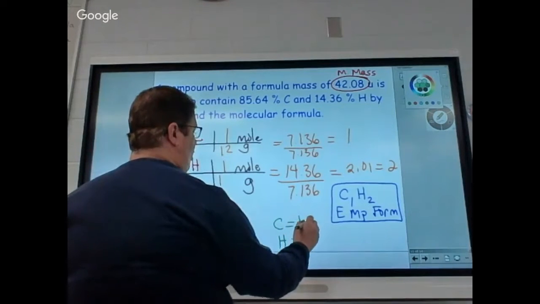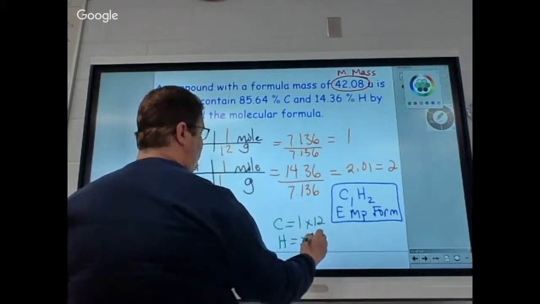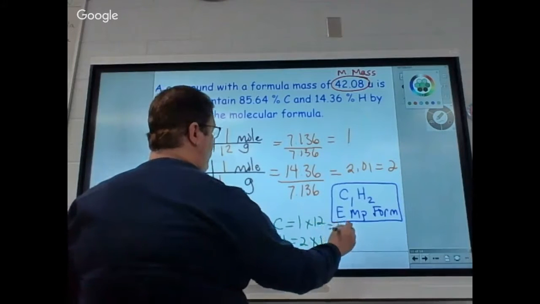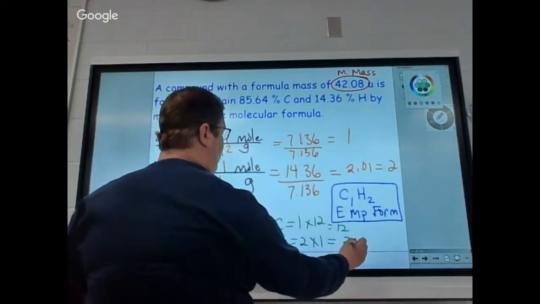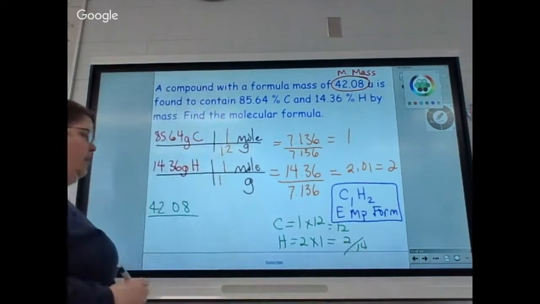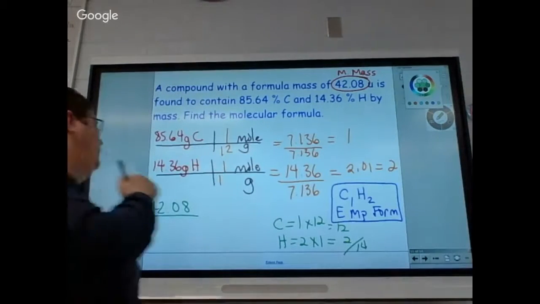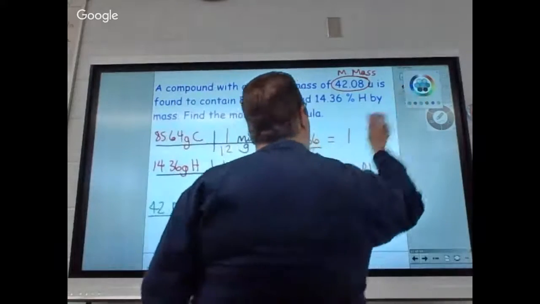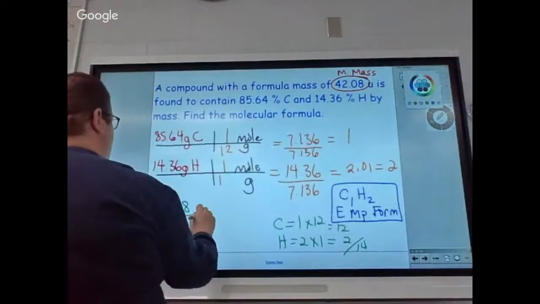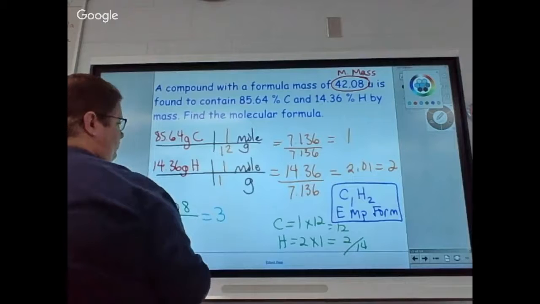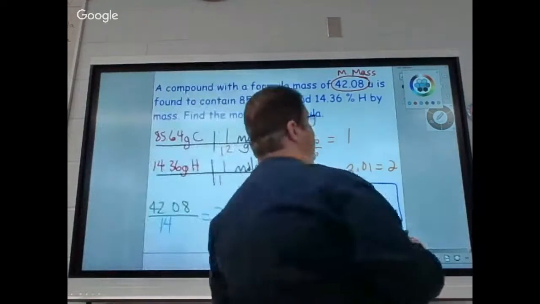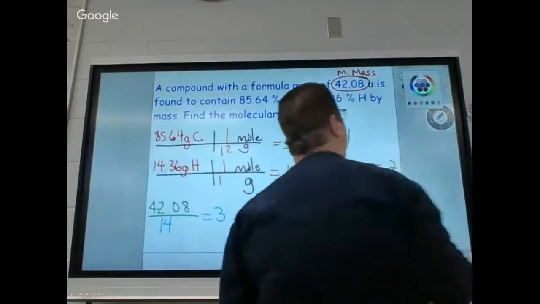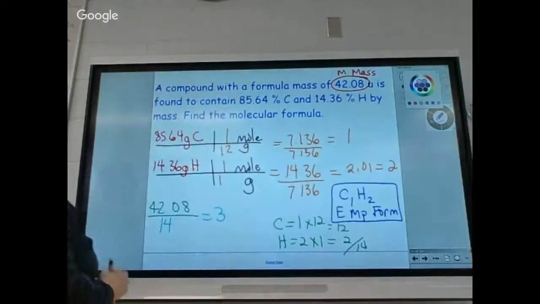The mass of carbon is 12. Hydrogen is 1. So I get 12, 2 for a total of 14. So where do I put that 14? Underneath. Okay, so 42 divided by 14 gives me a 3. So what does that mean? It means that it was reduced by 3. Okay, so what do I do with that 3?